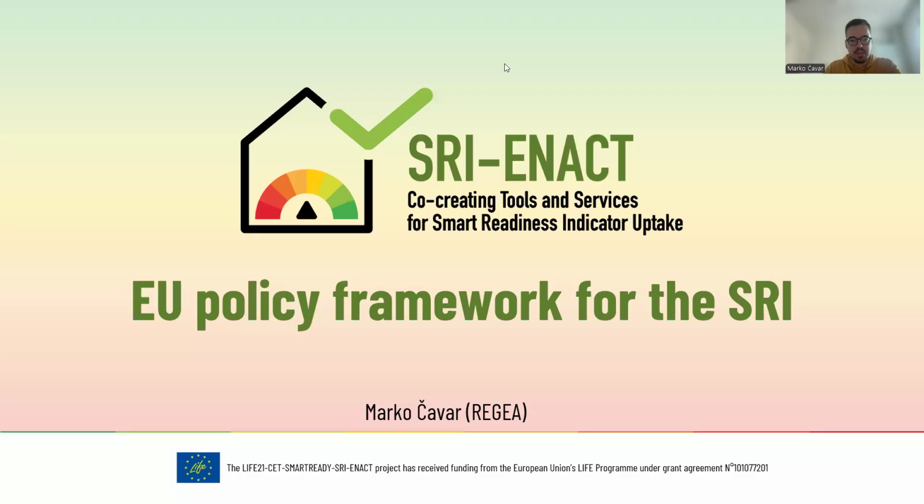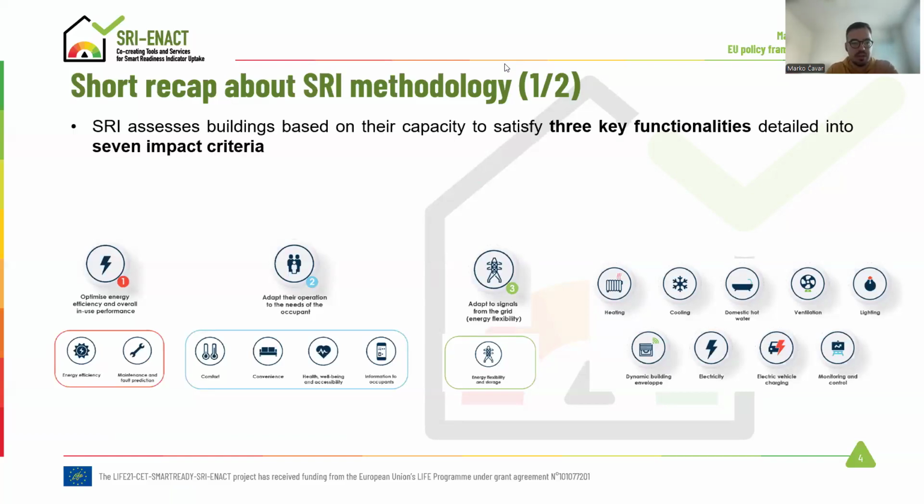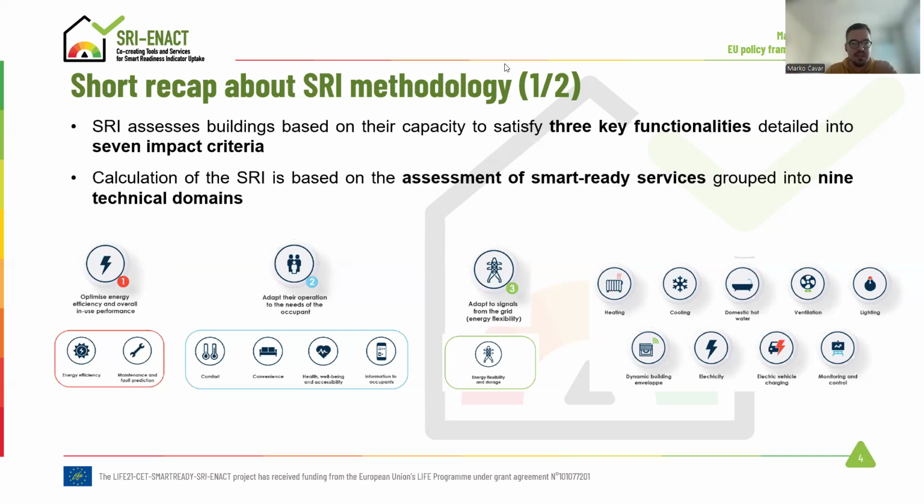To start with, about the policy framework, I've decided to give you a short recap of the methodology. For those who do not know about the Smart Readiness Indicator methodology, this indicator assesses buildings based on their capacity to satisfy three key functionalities detailed into seven impact criteria.